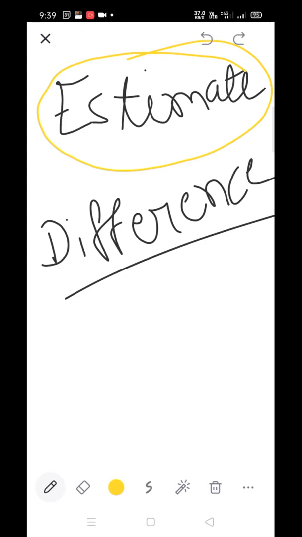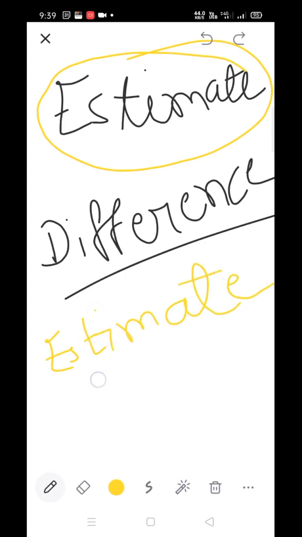Where did you hear this? In the chapter number 2, addition. In the chapter number 2, we did the estimate sum, right?